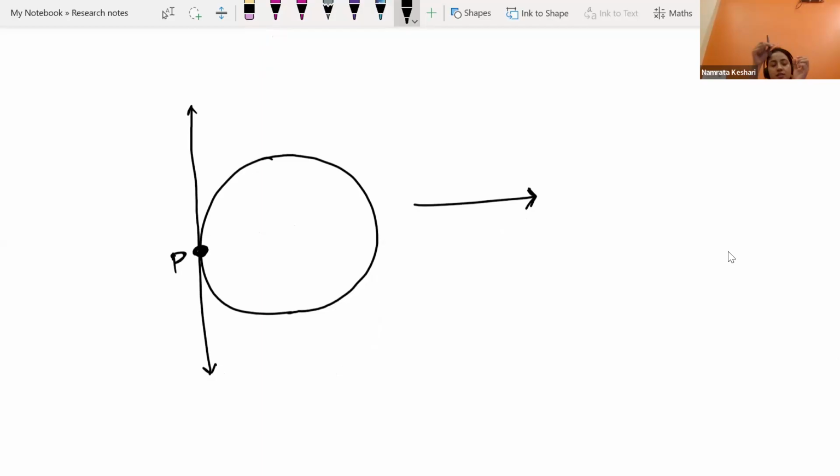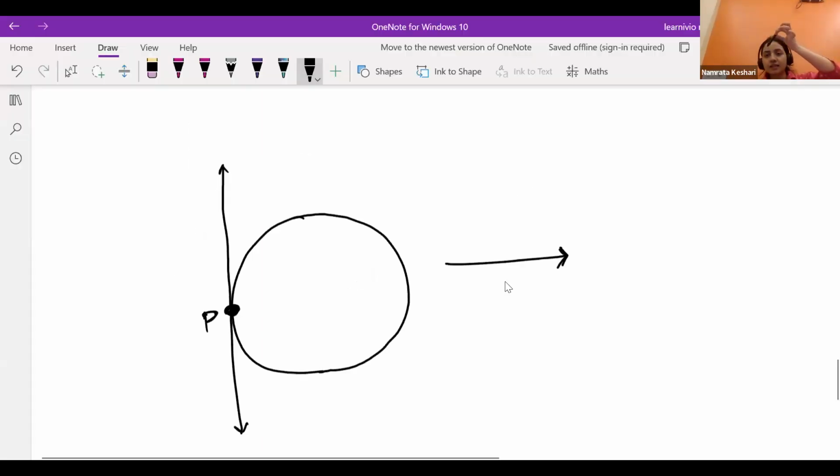If you are just tying at point P, can we say it will start moving like this, like this? Let's take a bangle, and if you will be just tying up a wire at a point P, can we say the wire will move from here? Yes or no? Yes. It will move, right?